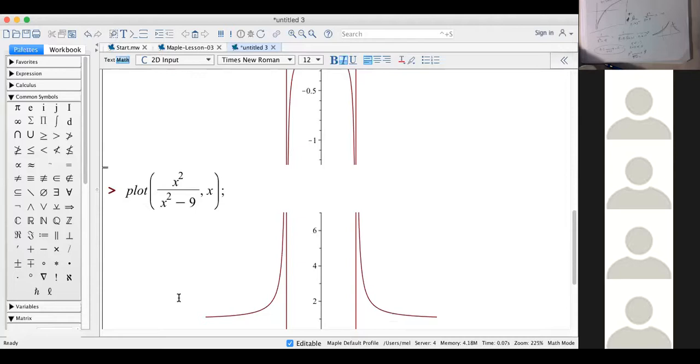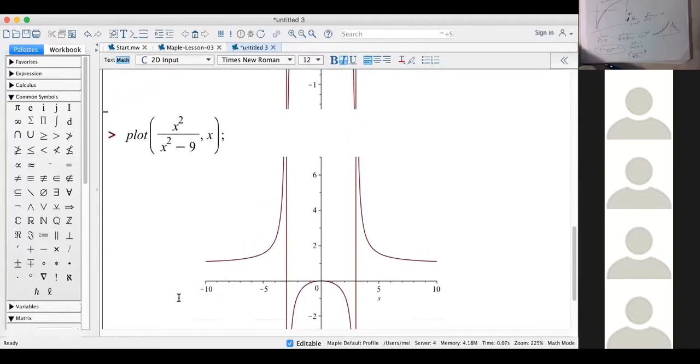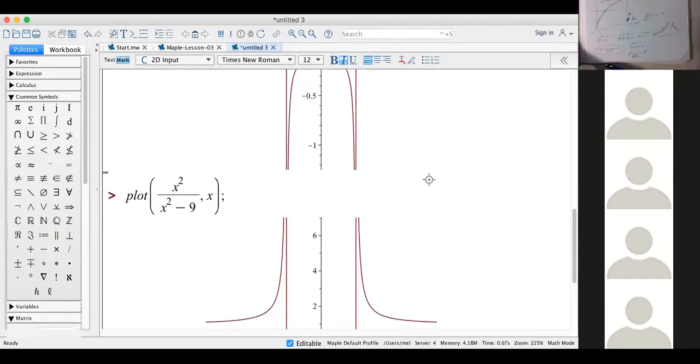As x goes to -3, this is what the graph of the function looks like. Well, it can't be, first of all, as x goes to -3, the denominator is going to 0, and the numerator is going to plus 9. So the limit is either plus infinity or minus infinity. And if you look at the graph of the function, this is the vertical line at -3. As you approach -3 from the left, you see the function going up to infinity. So that's what's going on in problem 11.